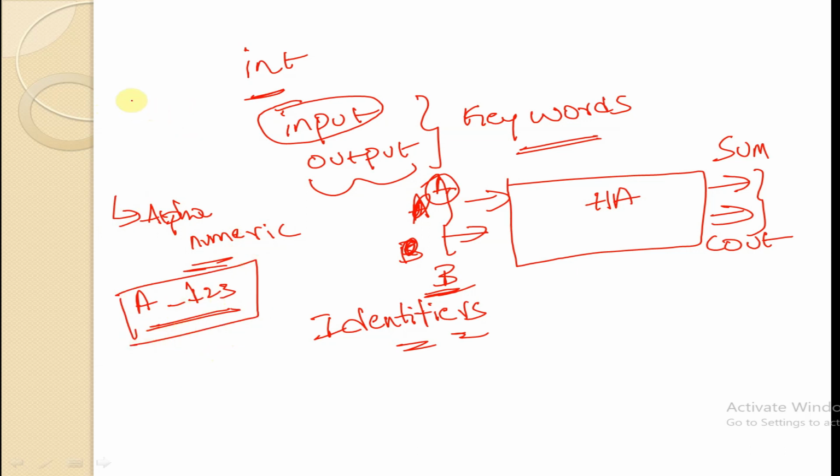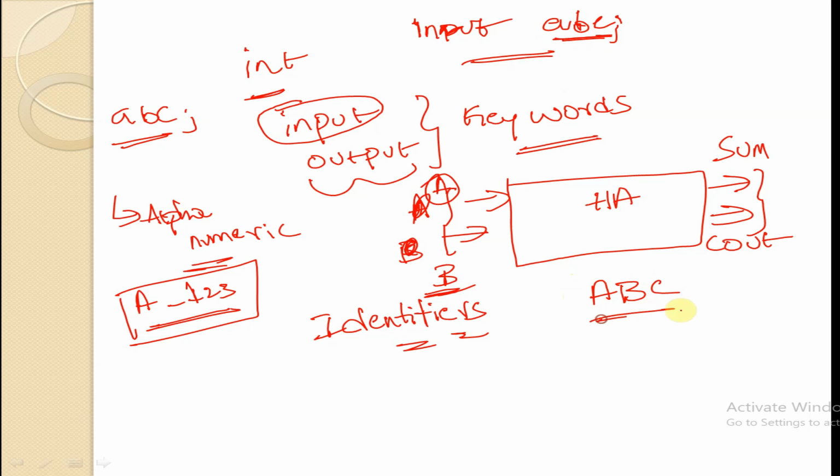For example, if we declare an input as small abc, and then use it in our design as capital ABC, then the simulator will throw an error since this is case sensitive.